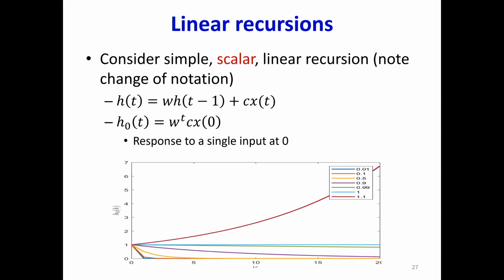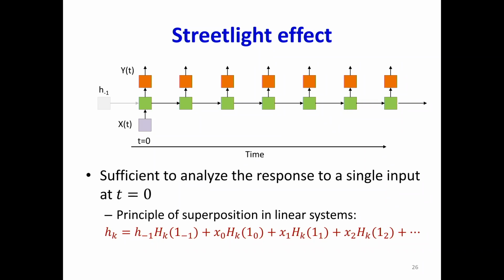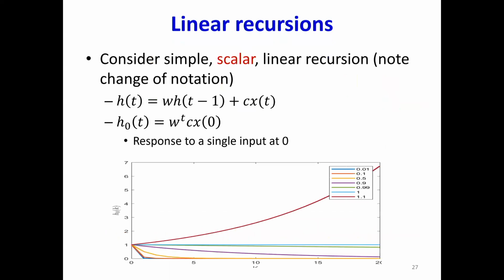Now let's consider what happens. What is the relation between 1, 0 and x0 again? So I'm just saying that I can write x0 as the number x times a unit vector, right? Or a unit value. So just a unit input, okay? Now let's consider the scalar case.